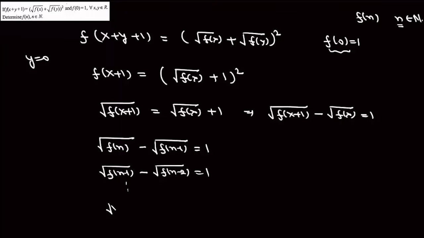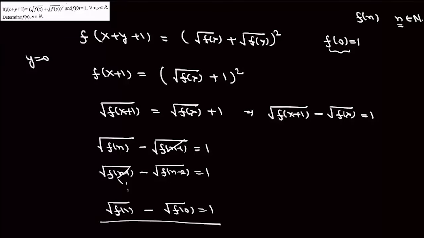And we'll take it till under root f(1) minus under root f(0) will be 1. Now if we add all these terms, they'll cancel. We'll get root f(n) minus root f(0). f(0) is 1, and then it'll be 1 plus 1 plus 1 from 0 to n minus 1, which is n. So clearly this f(n) will be (n+1) square.